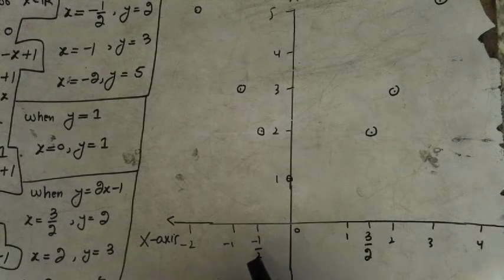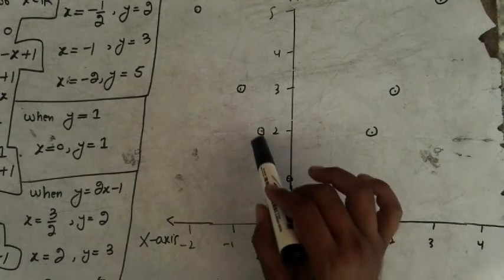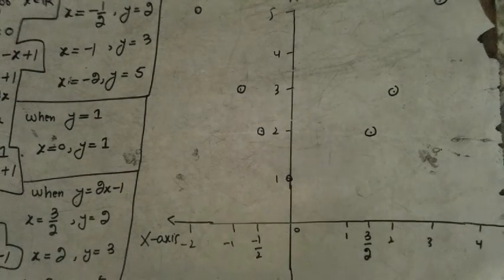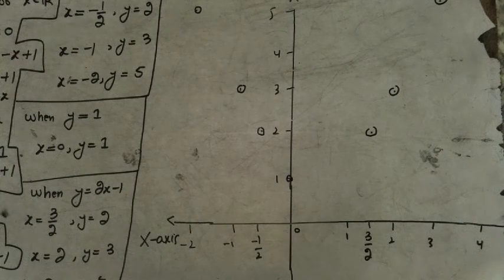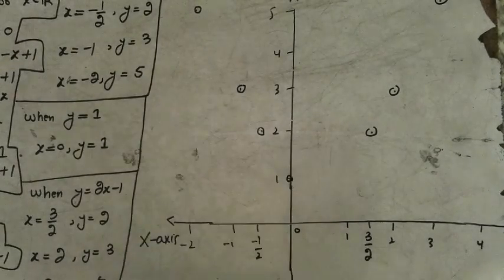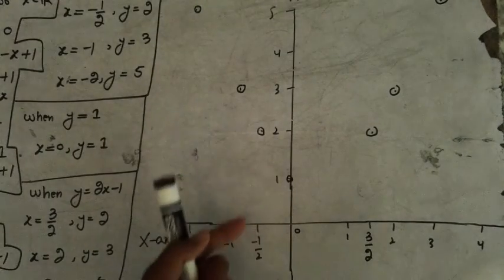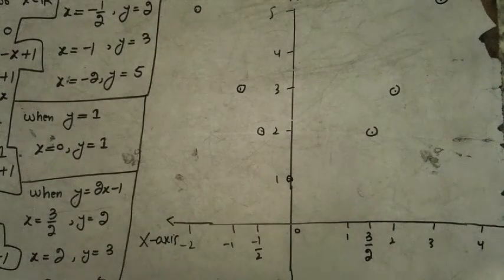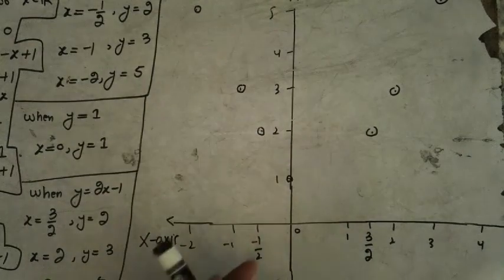If we go to the x-axis, the value of x is minus 1 by 2, so we put the dot. In front of that, on the y-axis, the value of y is 2. So we put the dot on the x-axis and y-axis, so these are the values minus 1 by 2 and 2.